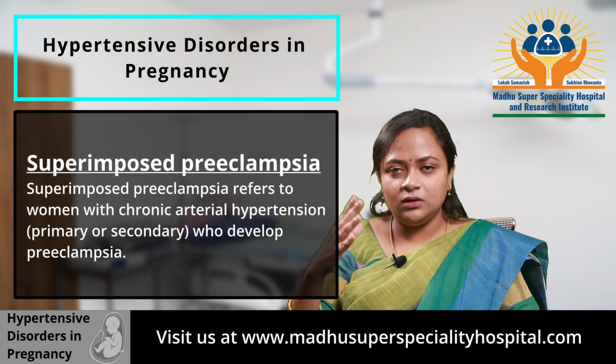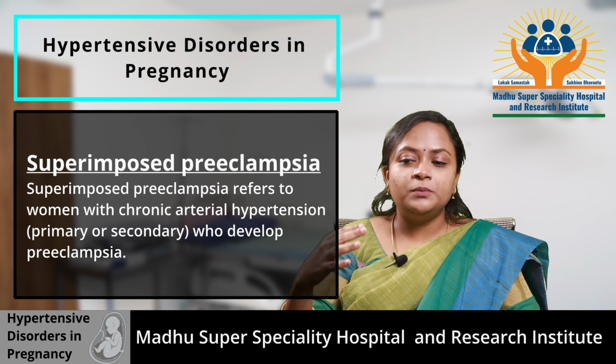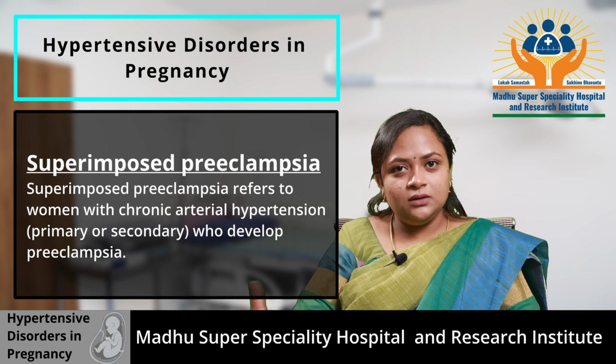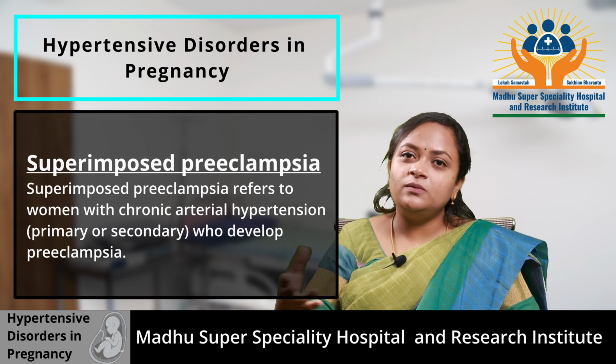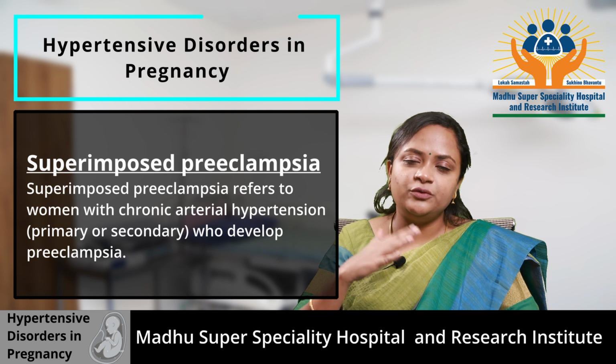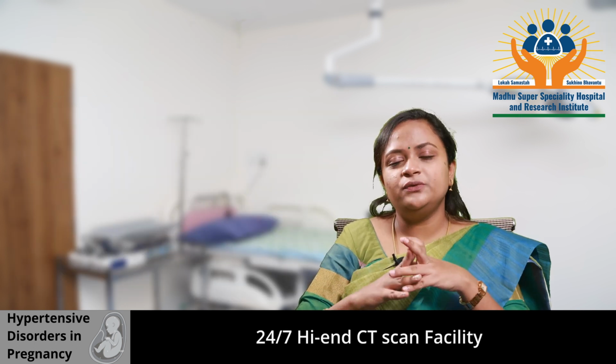Any of the end organ damage can be there, or proteinuria may worsen in the later half of pregnancy, but she will already be hypertensive even before the pregnancy. This is the last part of our description of hypertensive disorders.